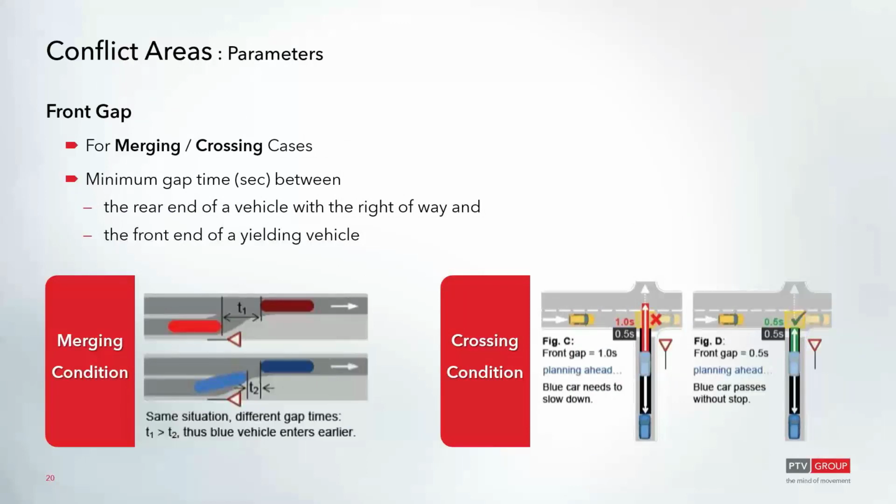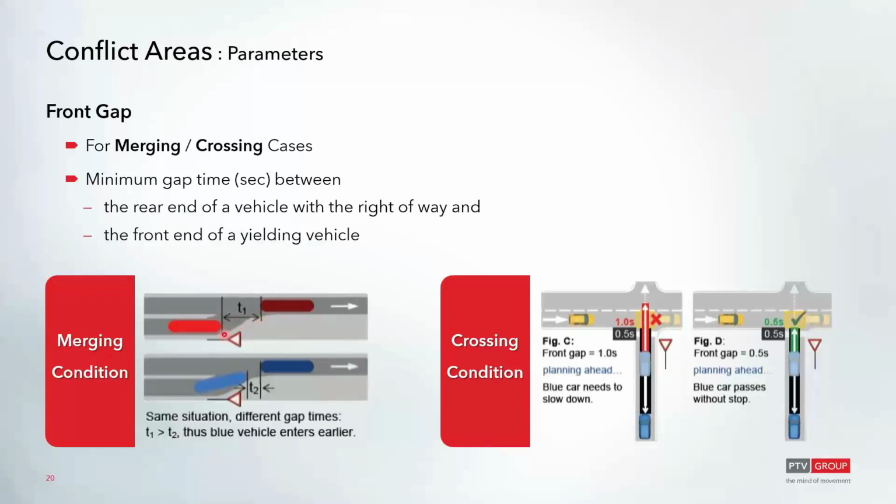And then the next attribute here we have is the front gap. And this is going to be taken into account for any of the merging or crossing cases. And so this really represents the minimum gap time between the rear end of a vehicle that's going to be in that main stream and then the front end of the vehicle that's in the minor stream.